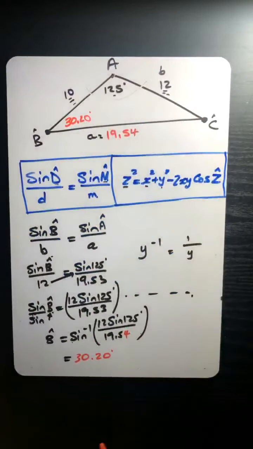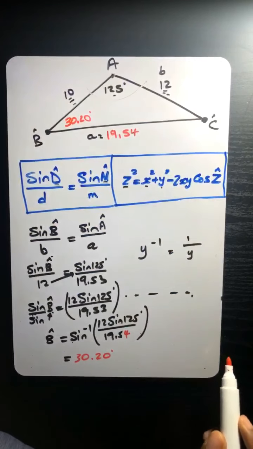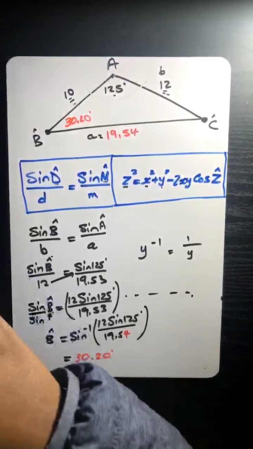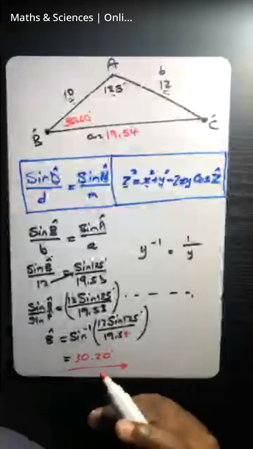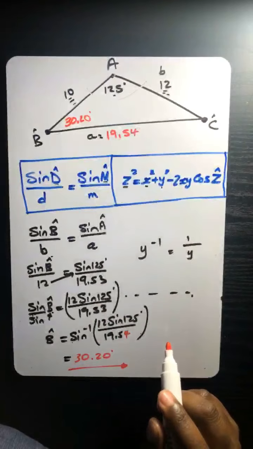Okay, so can you guys see that in terms of the approach, we are on the same page, but just make sure that when it comes to the rounding, you only round off the final answer. Anything in between, just write it as it is. So now we've got that angle.